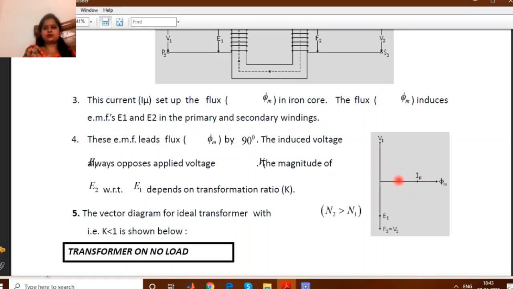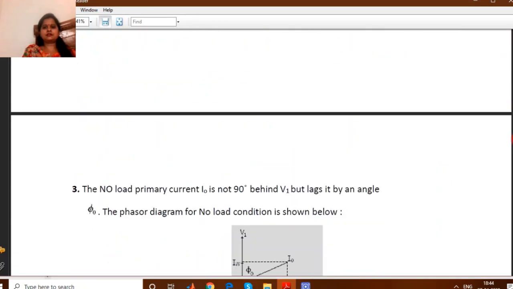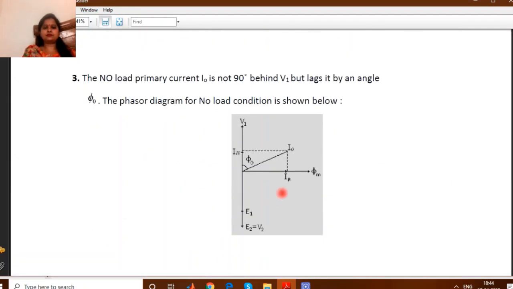Winding resistance is 0 in the ideal transformer, so the supply current will lag behind the voltage by exactly 90 degrees, right? So this is the phasor diagram of the ideal transformer at no load, and this is the phasor diagram of the actual transformer on no load condition.